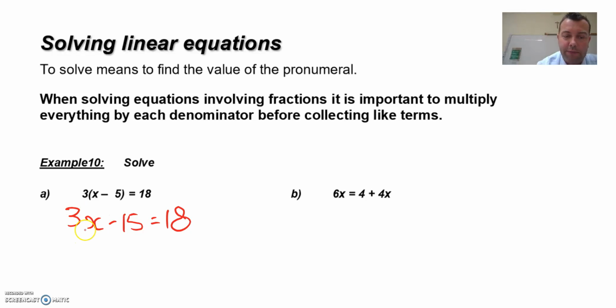Next, I'm going to take this constant term. It's constant because it doesn't have a variable, doesn't have any letters. I'm going to add 15 to both sides, and that will remove this term here. So that means I've got 3x equals 18 plus 15.